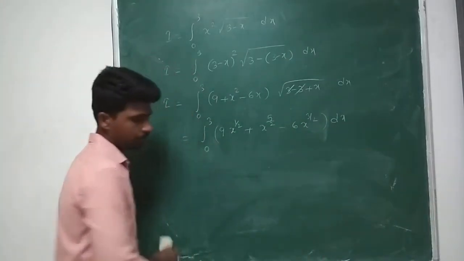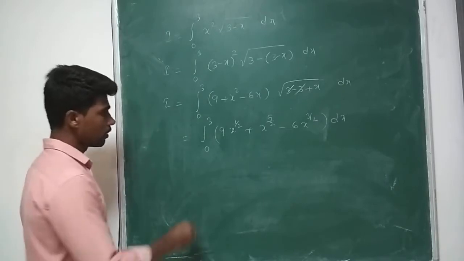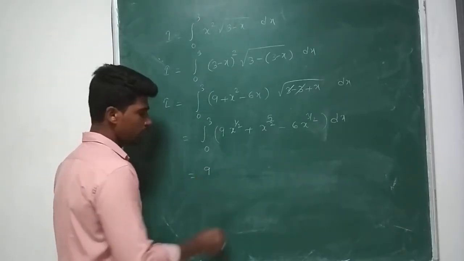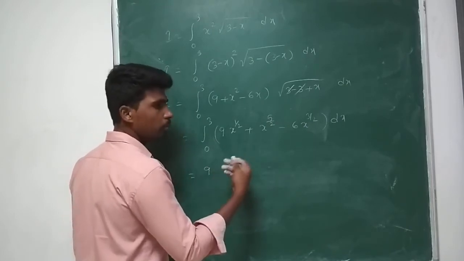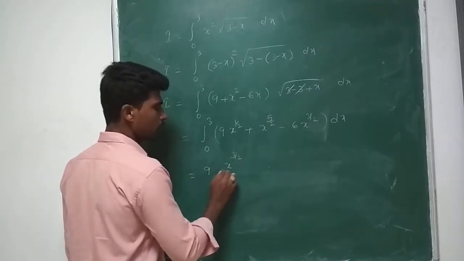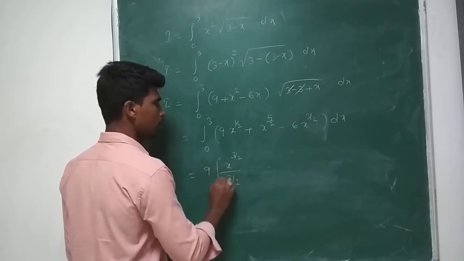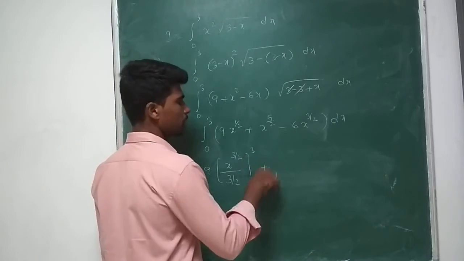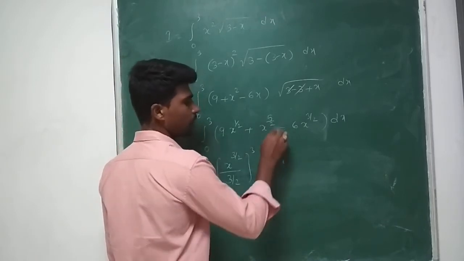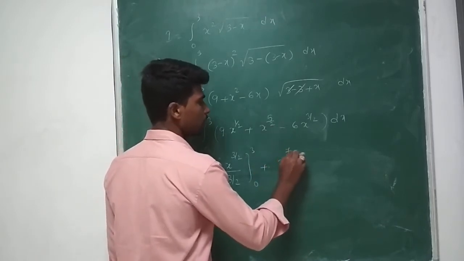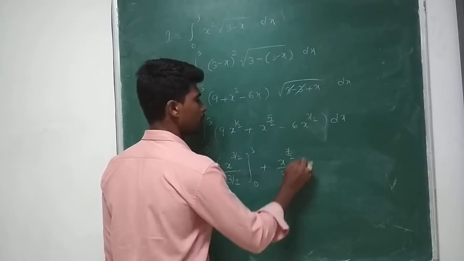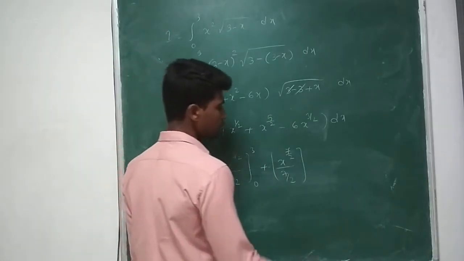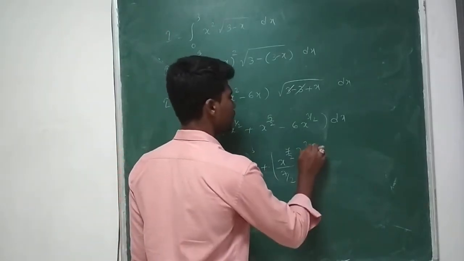Now evaluate the integral. Integral 0 to 3: 9 is a constant, and integrating x power 1 by 2 gives x power 1 by 2 plus 1, so x power 3 by 2 by 3 by 2, with limits 0 to 3. Plus x power 5 by 2 plus 1, that is 7 by 2, by 7 by 2, limits 0 to 3.